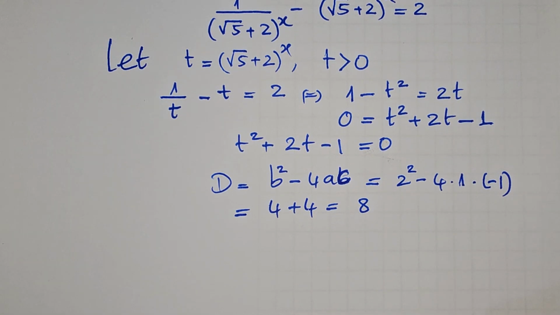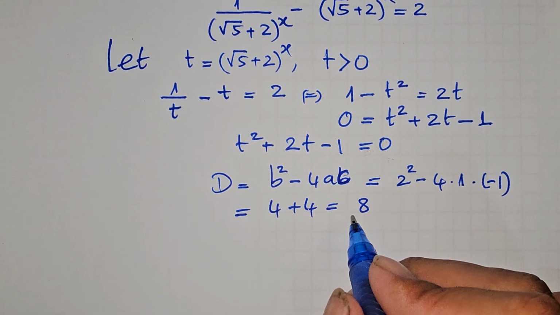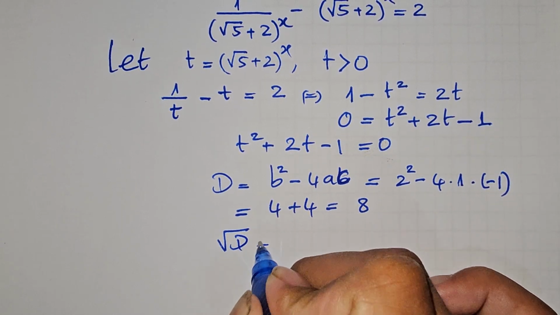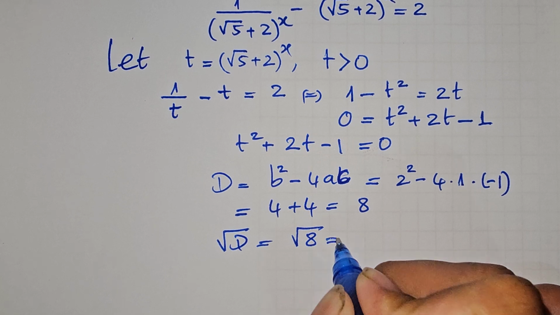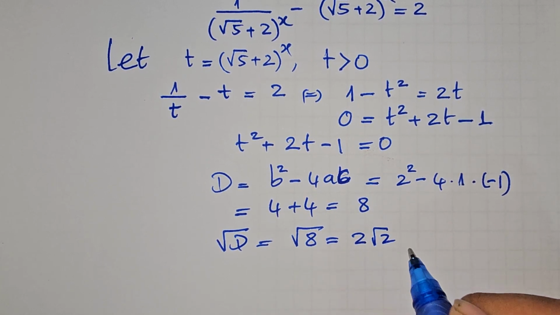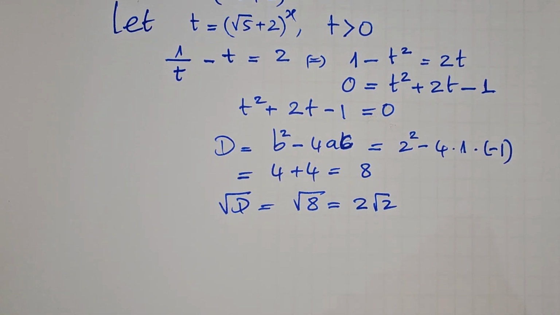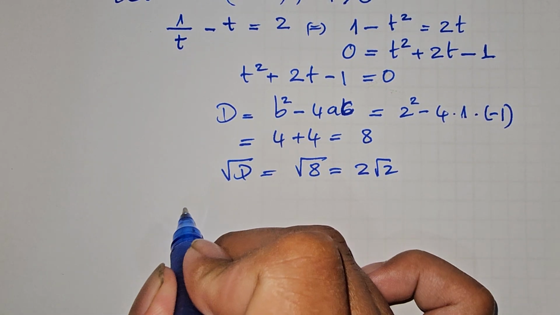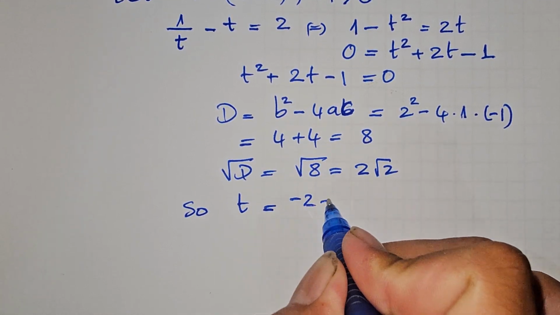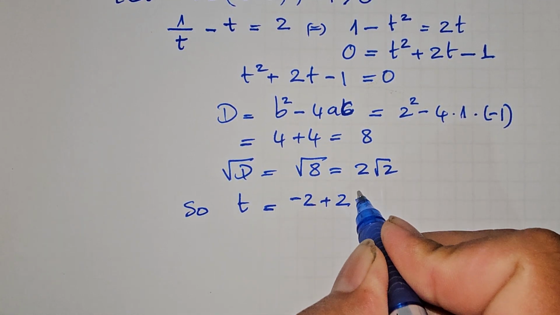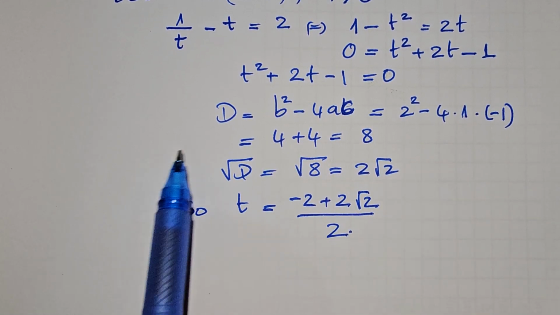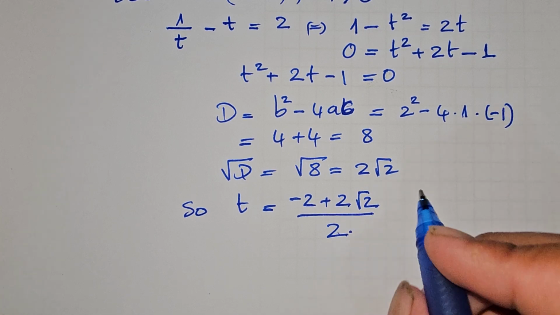So now we get the value 8. The square root of the discriminant is the square root of 8, which equals 2 square root 2. So now we get the values of t. t equals negative 2 plus 2 square root 2, divided by 2a. 2a equals 1 times 2, which is 2.